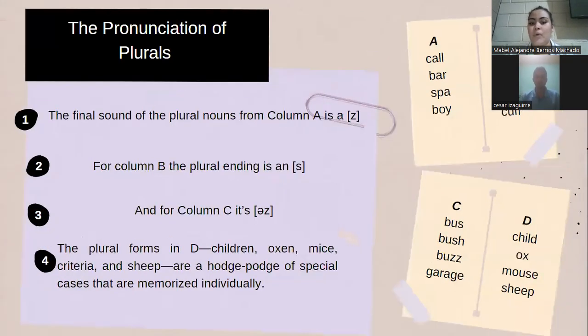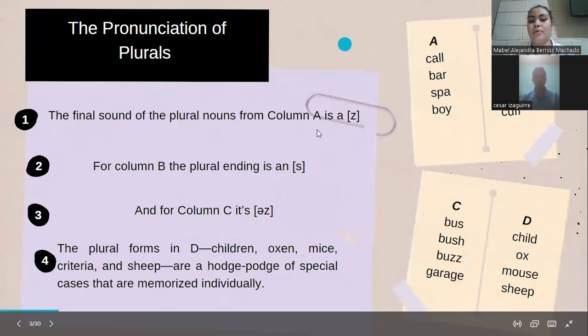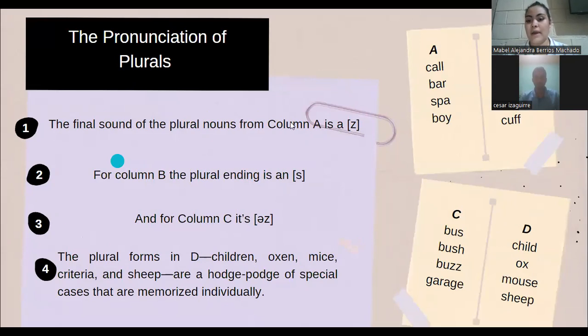For example, we have the pronunciation of the plurals. In this case, we have four columns: A, B, C, and D. In column A, the words are call, bar, spa, and boys. The rule says that the final sound of the plural nouns from column A is a Z sound. For example, calls. In column B, the words are cap, cat, bag, and cough.